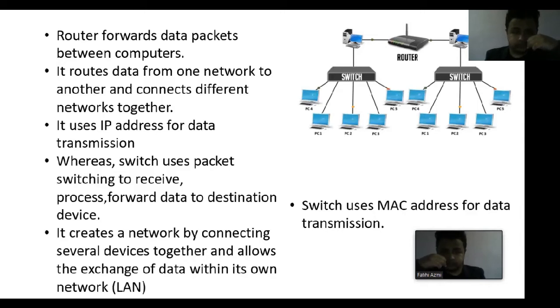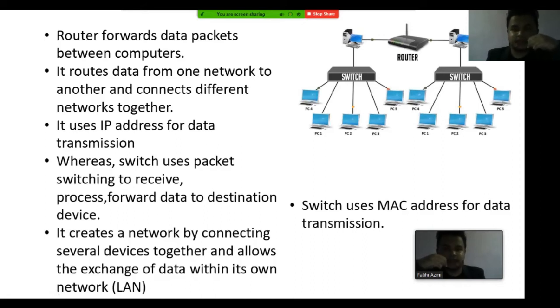What do I mean by that? A switch connects, for example, as we can see in the diagram in the top right corner, PC1, PC2, PC3, PC4, PC5 connected to the switch.